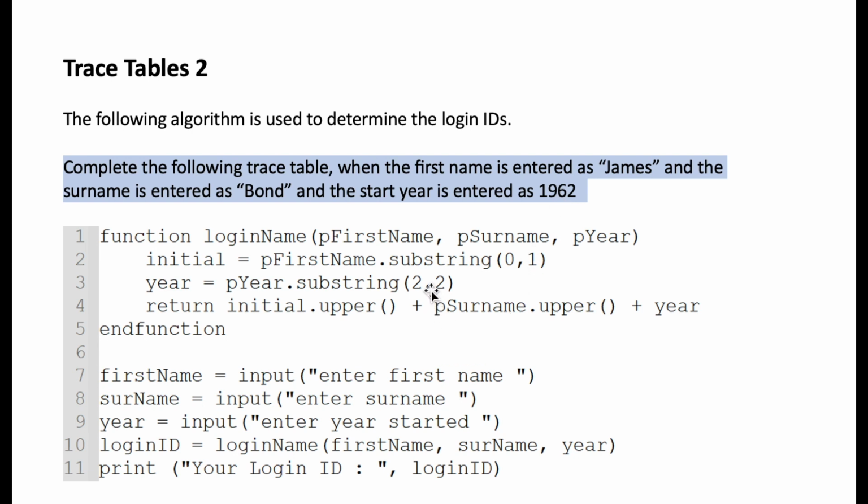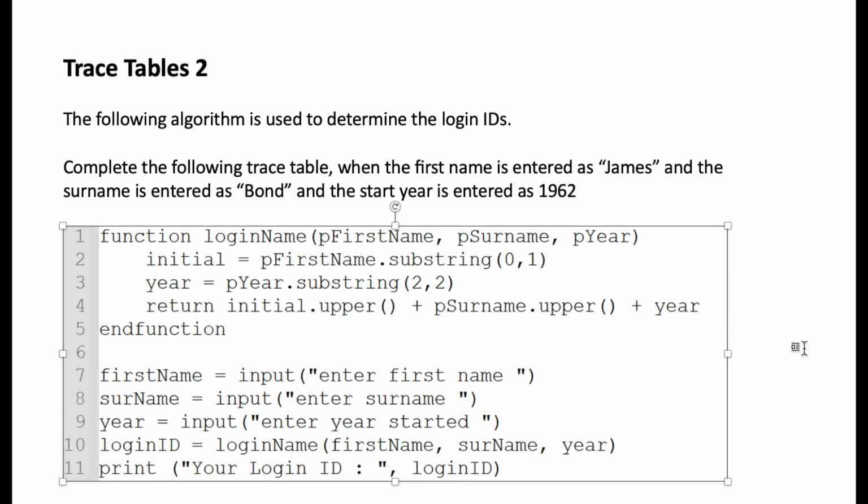And it's asking us to return two characters. So it will return the 6 and the 2. So let's just reiterate that again. Position 0 is the 1, position 1 is the 9, position 2 is the 6. It's asking us to return two characters, so it will return the 6 and the 2.